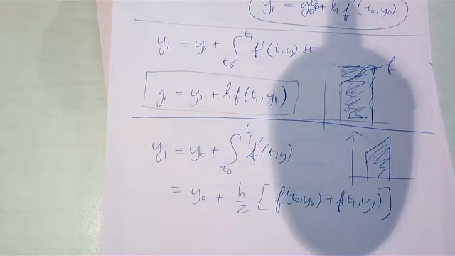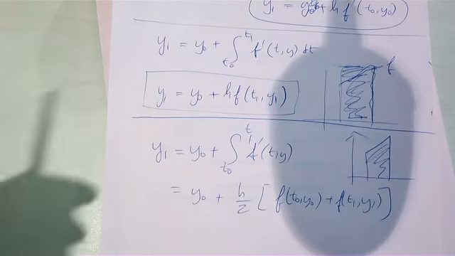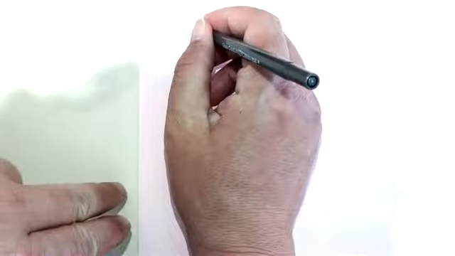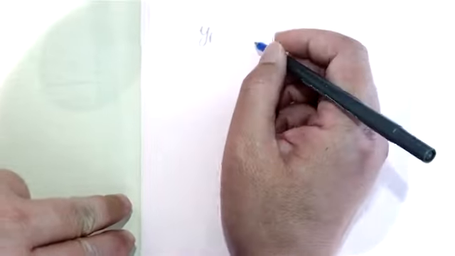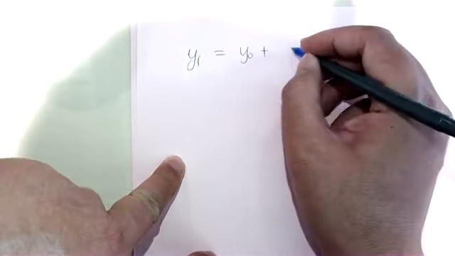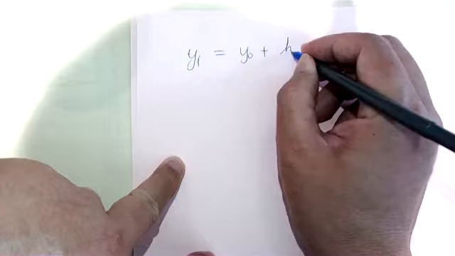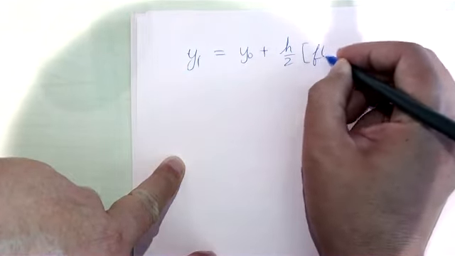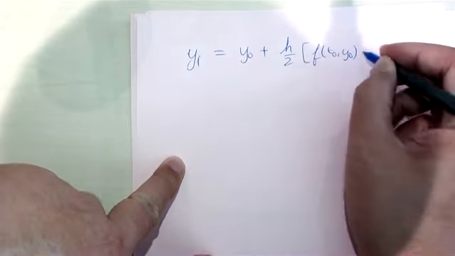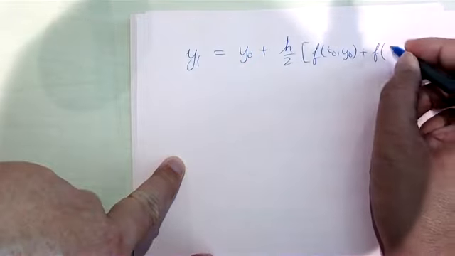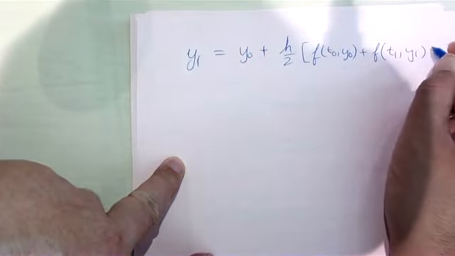So suppose, remember, what we want to solve is y1, just forget about yn, just y1, equal to y0 plus h over 2 times f(t0, y0) plus f(t1, y1).